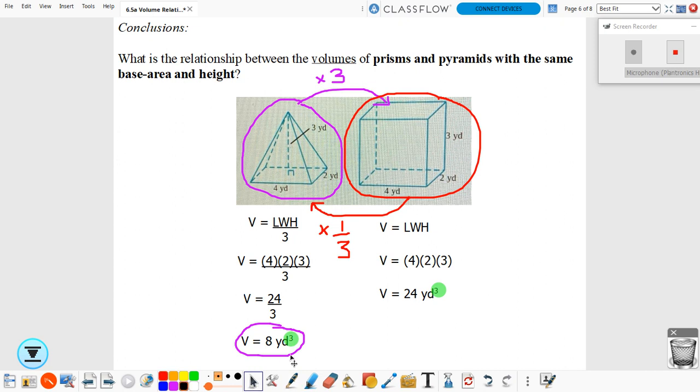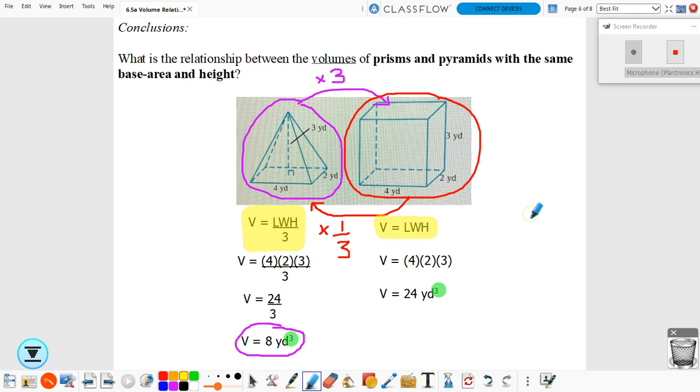You might have noticed something in these formulas. Let's have a look at them, shall we? First, the formula for the pyramid: length times width times height divided by 3. And the formula for the prism is just length times width times height. Interesting.